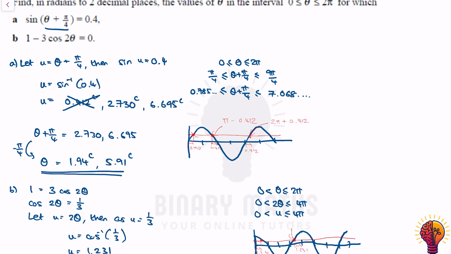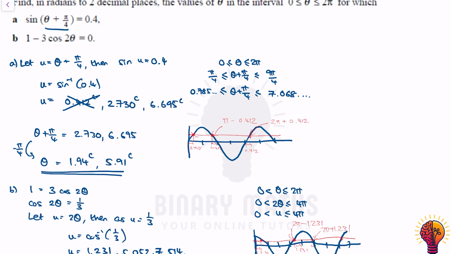This one will be 2 pi take away 1.231, which is a value of 5.052. And then the next point is here, because we know this is 1.231. It's 2 pi plus 1.231, which is a value of 7.514.